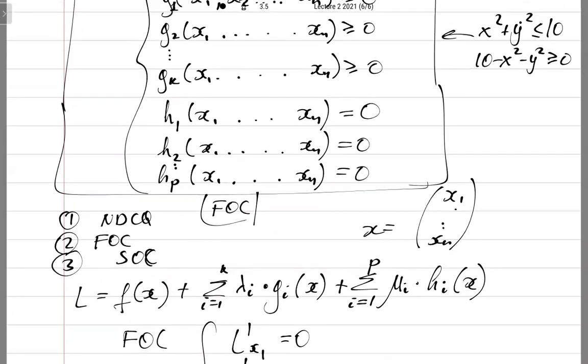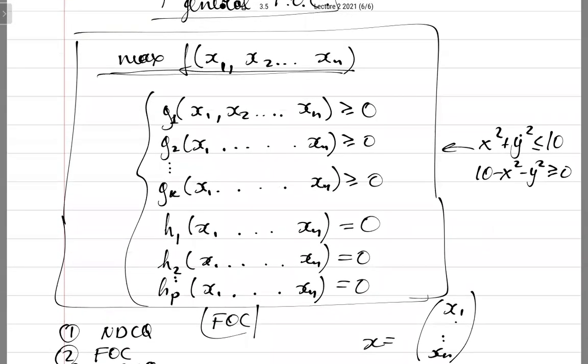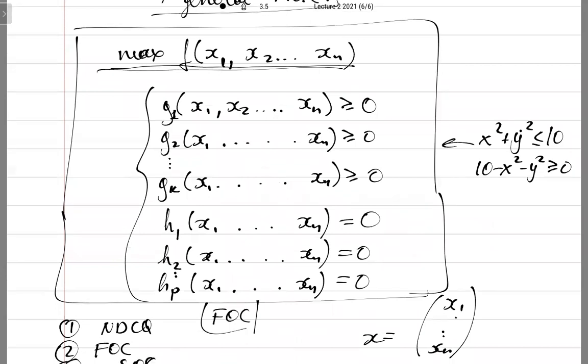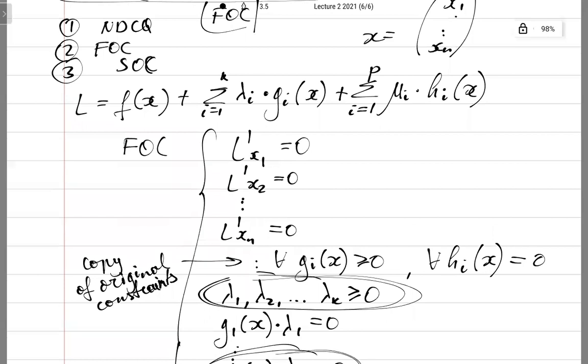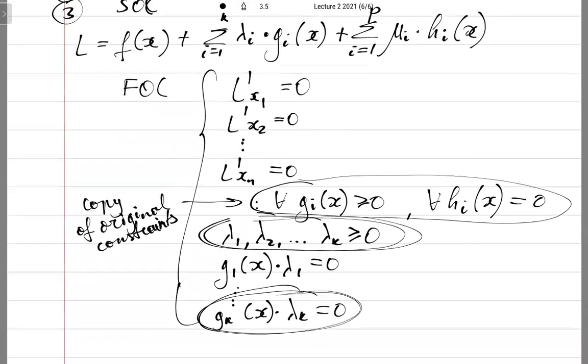If you look at the original constraints, every h is 0, every g is greater than or equal to 0. So that's just a copy of the original constraints. Every h is 0, every g is 0 or bigger than 0. Okay?